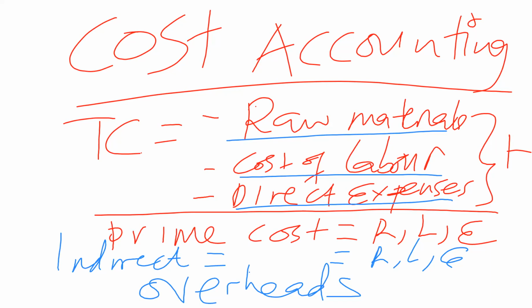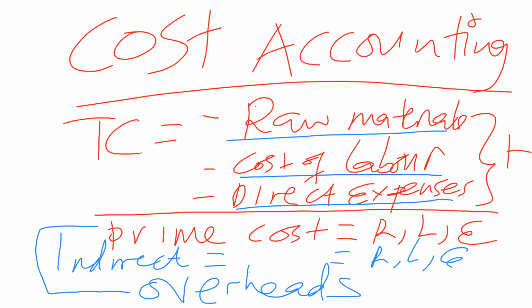Okay, so we call it indirect labor. I've given you an example. So as long as the costs cannot be directly attributed, all the indirect costs, indirect material, indirect labor, and the indirect expenses collectively, they are called what? The overhead costs.